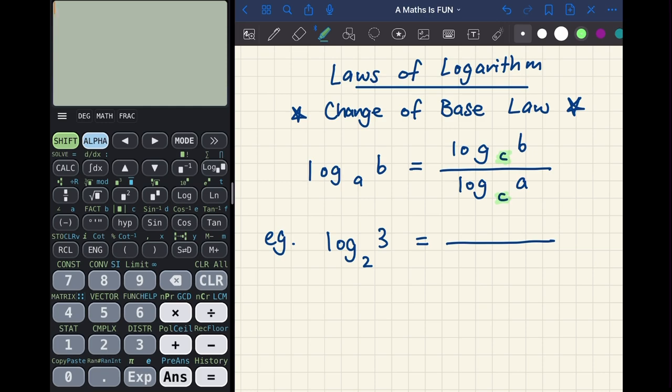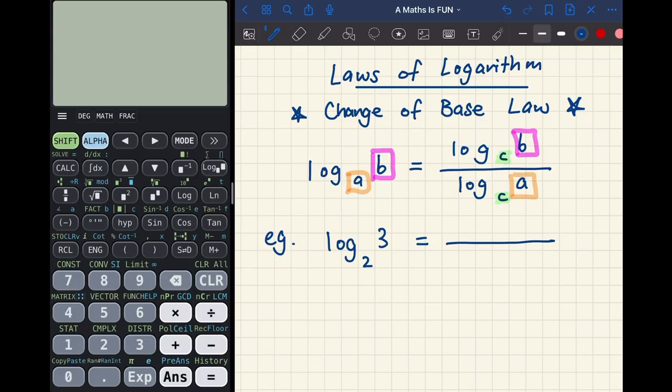All right. But here, how do we apply it then? So a simple way for me to remember this is log b: this b goes into the numerator, and base a will go to the denominator. All right. So this is an easy way for me to remember.